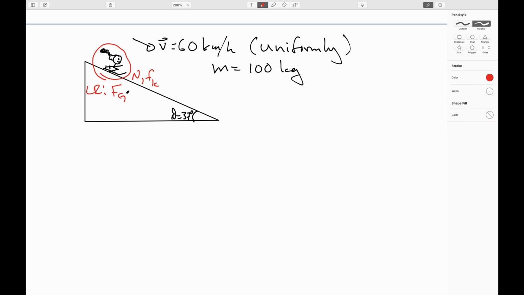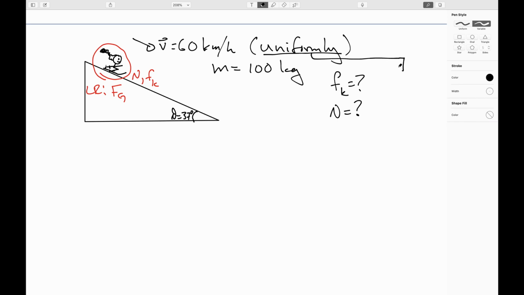Okay. So what we're going to want to know is what is the force of kinetic friction equal to, and what is the normal force equal to. Now, this may seem like a bit of a mess, but it turns out it isn't awful, because the key word here is that you are going down uniformly.